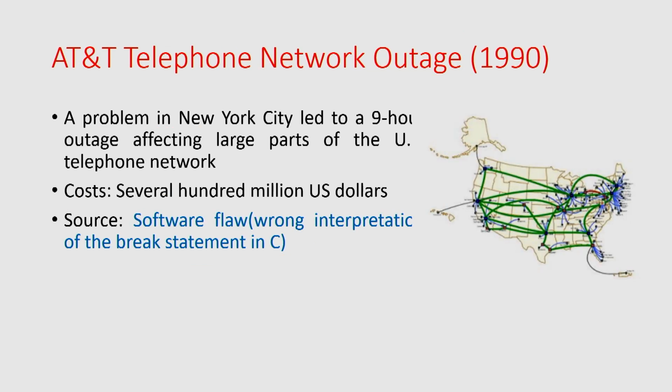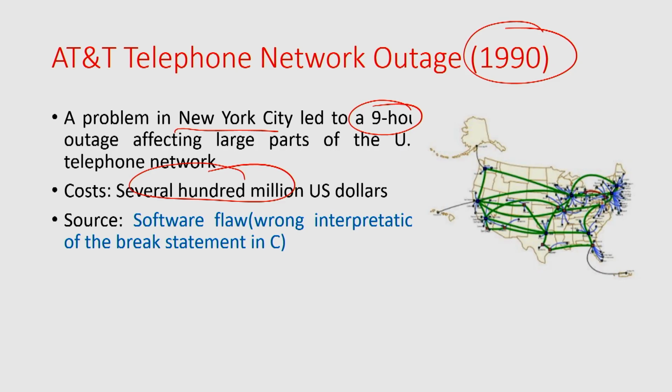Let me give you more practical examples. This is in New York City back in the 1990s. Again, there was some outage in the network channel, and for almost 9 hours there was no network in the telephone network in the entire New York City, and it cost millions of dollars, right.